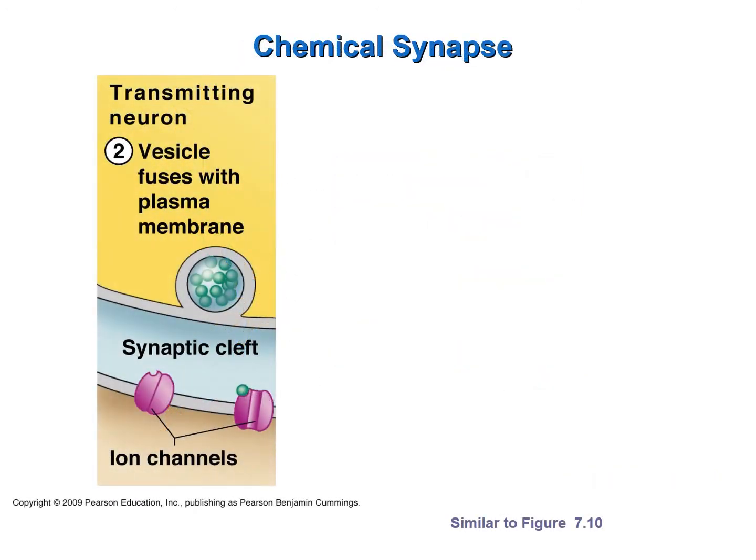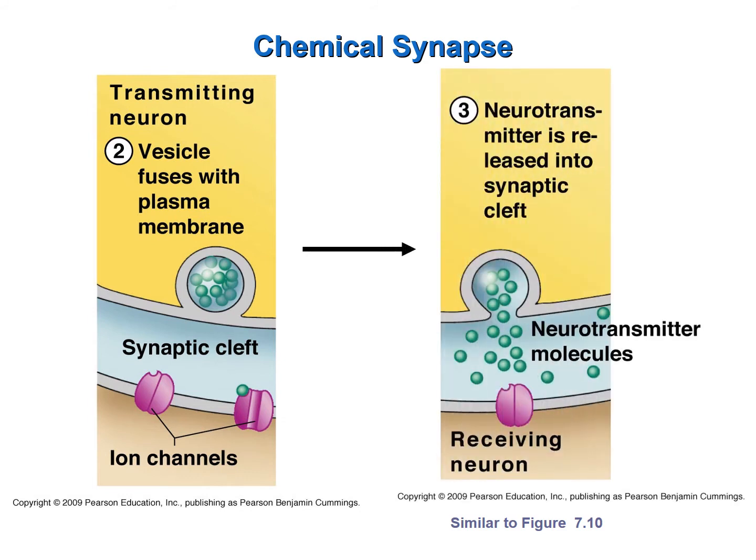So, an action potential has entered the axon terminal, causing vesicles containing neurotransmitters to merge with the plasma membrane and to dump their contents into the synaptic cleft via exocytosis.